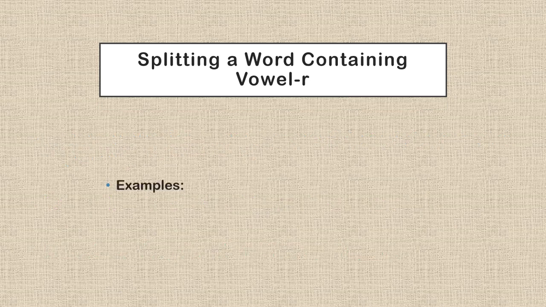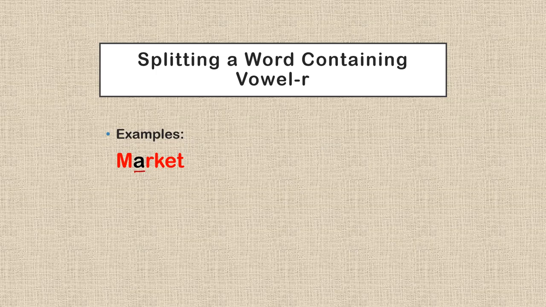For example, if you have the word market, I've highlighted the letter A in black. That is the vowel that comes before R here.